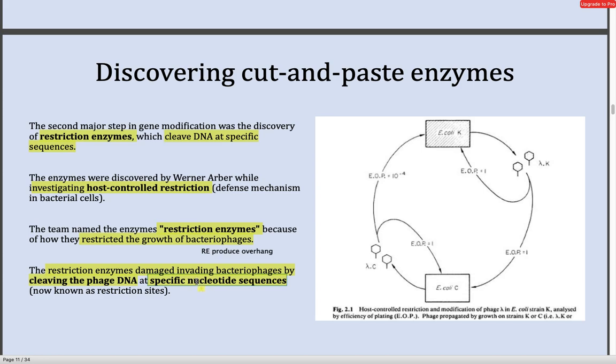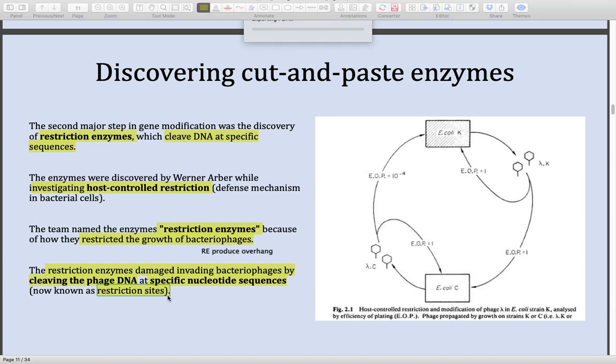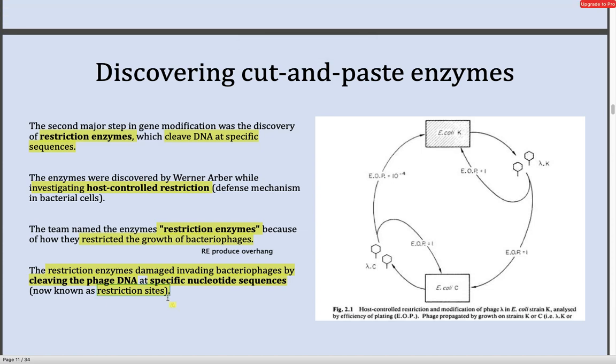So for example, if it cuts at AATTC, it would always cut at AATTC. That's how today we have restriction sites and restriction enzymes, and there are probably more than a few hundred different restriction enzymes out there. Questions so far?